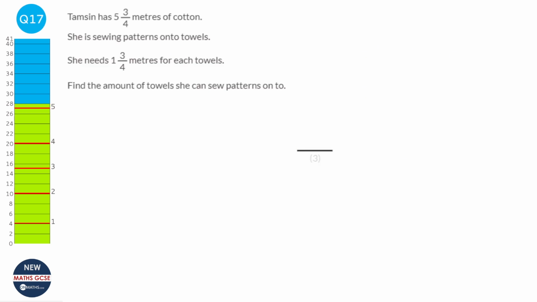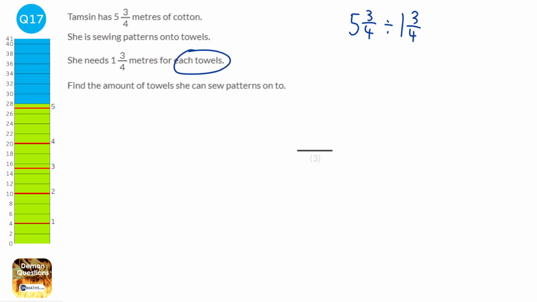So this question is asking us really to divide the 5 3/4 by 1 3/4. So we're going to do 5 3/4 divided by 1 3/4, because we're finding out how many of these towels, which is 1 3/4 meter each, can be made when the total amount of cotton is 5 3/4.